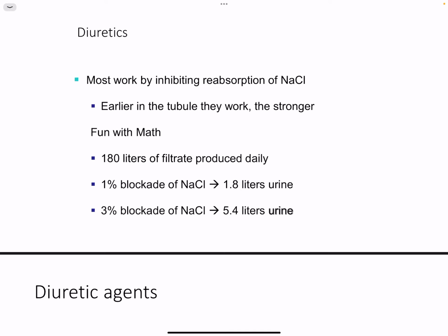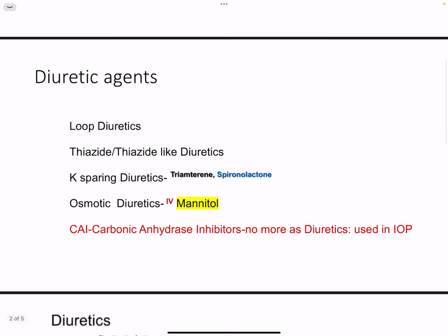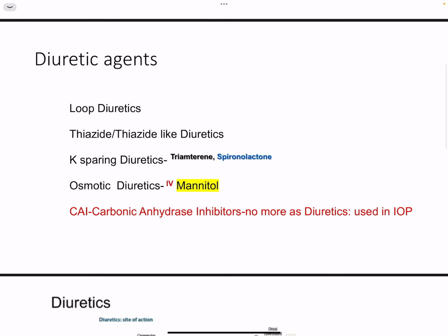Now we come to the diuretic agents. We classify diuretic agents based on potency or clinical use. The first one is the loop diuretics.